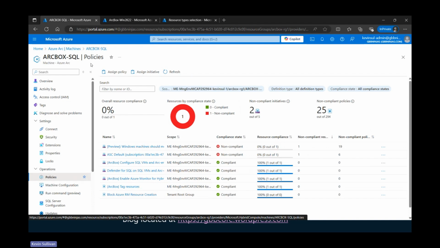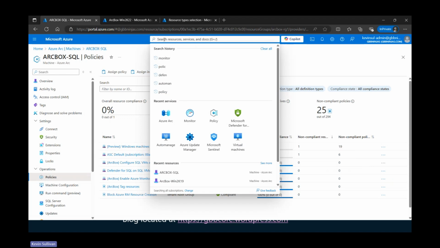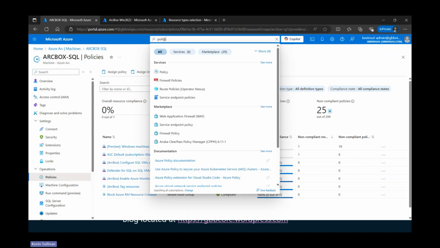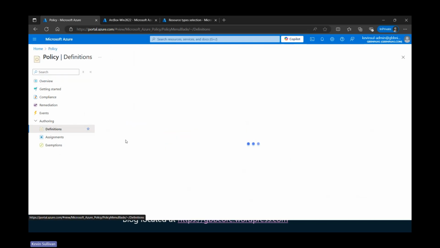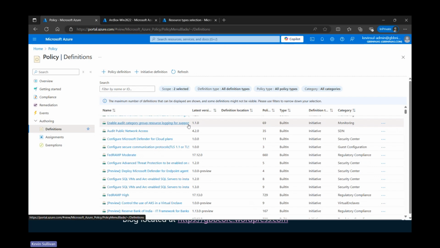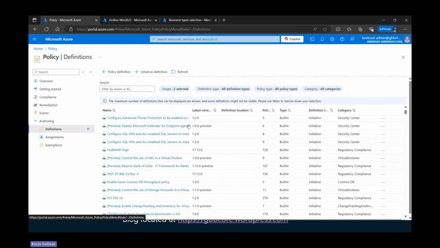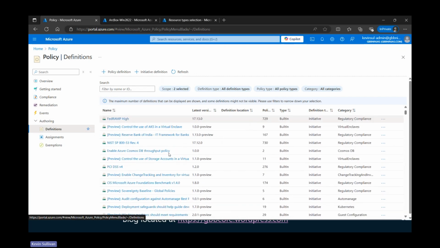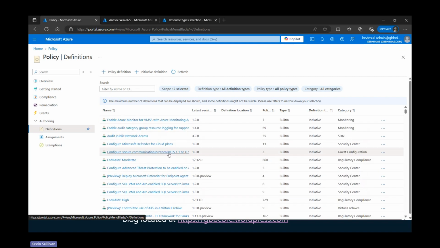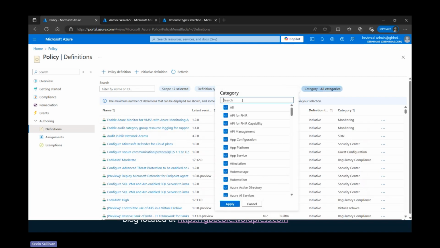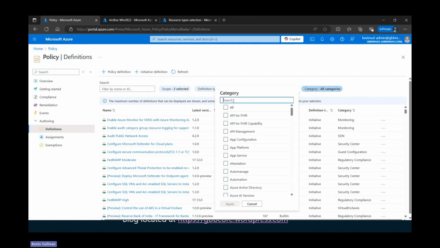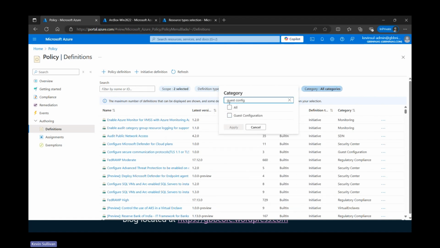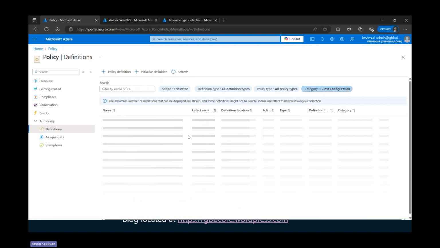That's all fine and good, but going back to, well, what do we charge for? If I look at policies and I look at all of the ones that are offered by Microsoft, this library is basically available to you by default. A lot of these policies really won't charge you anything unless you pick a policy that manipulates guest configuration. So if I look at just the guest configuration policies, I apply that here.